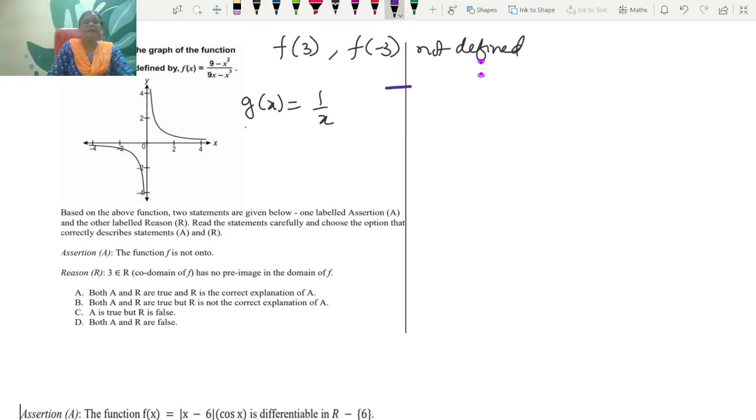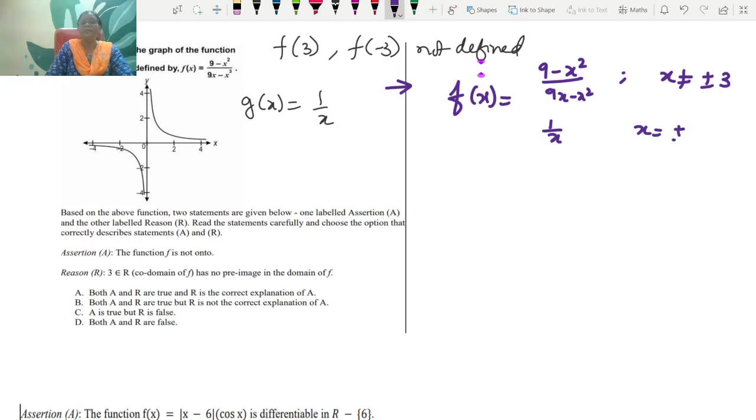It says that there has to be this information which is missing. So please add on this. I'll be adding on this. It is saying that it is 9 minus x square upon 9x minus x square. This is when x is not equal to plus minus 3. And this is 1 upon x when x is equal to plus minus.